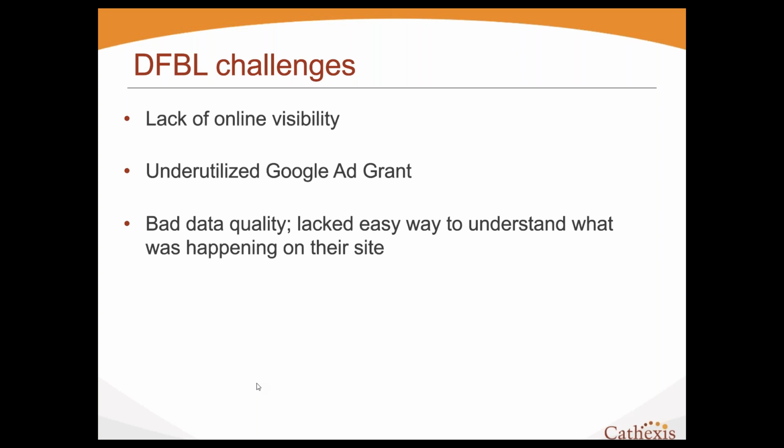When they got to us, they were using about $1,200 per month. And this was an organization that targeted a very specific geographic location, so they couldn't target keywords that were national in scope. So they had special challenges there.